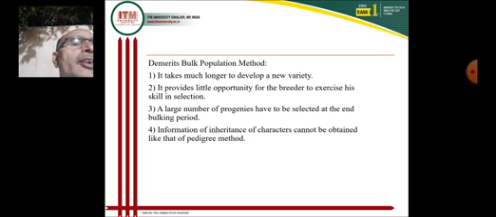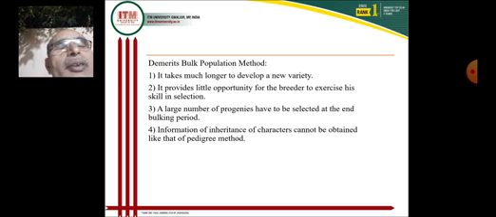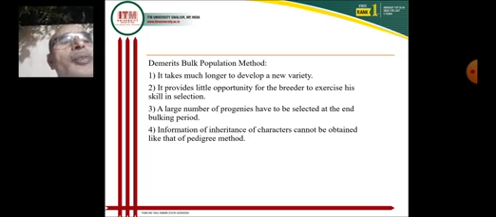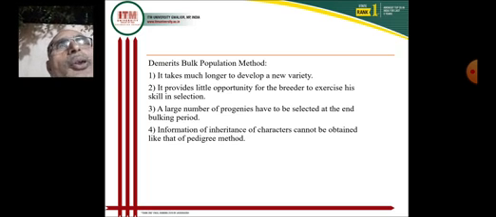Information on inheritance of characters cannot be obtained as in pedigree method. In pedigree method, inheritance of the character is obtained due to keeping the pedigree record.